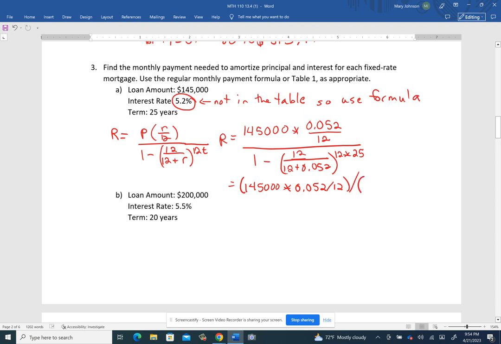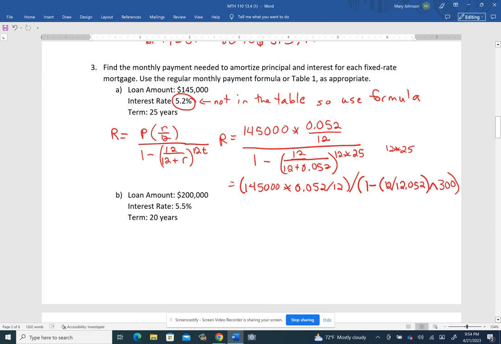Then divide by parenthesis the denominator, 1 minus another parenthesis, 12 divided by 12.052, close the parenthesis, and make sure here that you raise it to 12 times 25 on your calculator so you don't have to put another set of parentheses. And 12 times 25 would be 300, right? So you're going to raise to the 300 power, and then that would close, and that's your denominator.